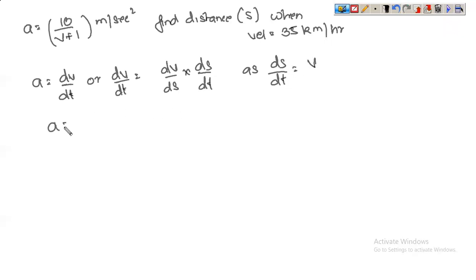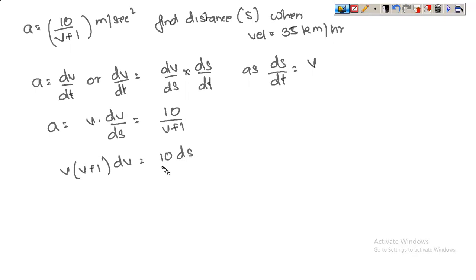So acceleration can be written as v into dv by ds. Now this is equal to 10 into v plus 1. So you have v into v plus 1 into dv is equal to 10 ds.